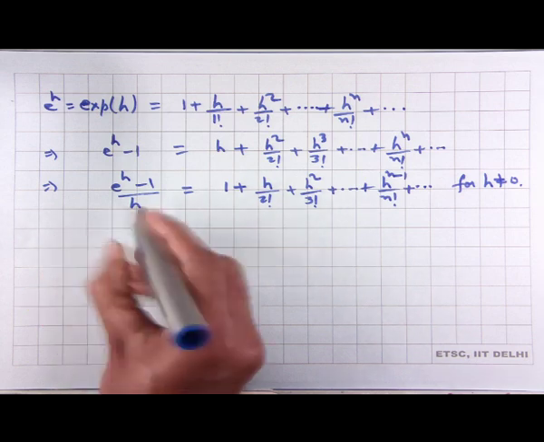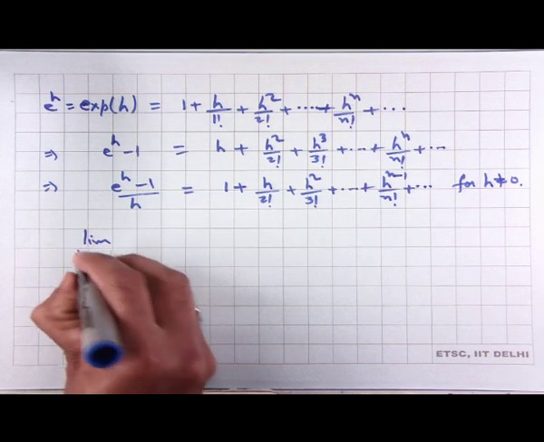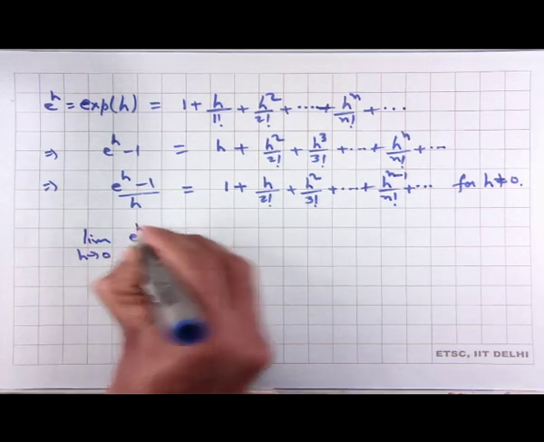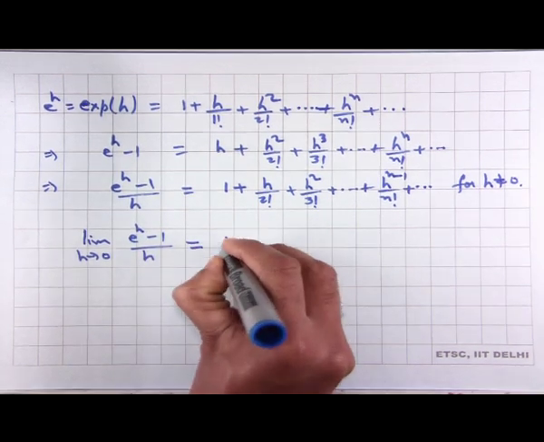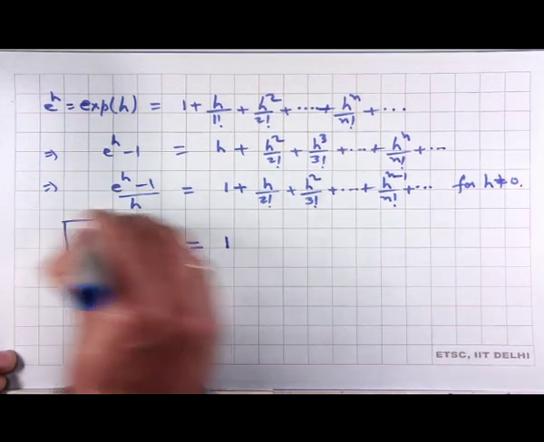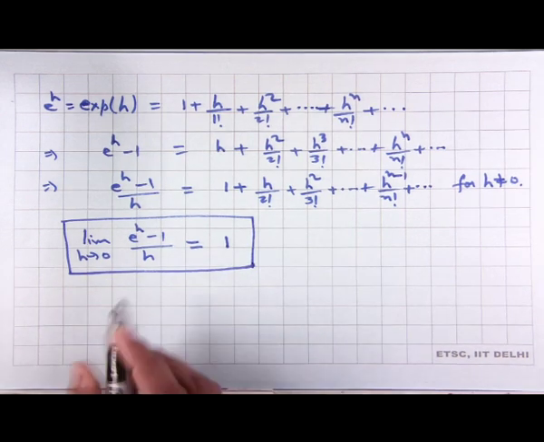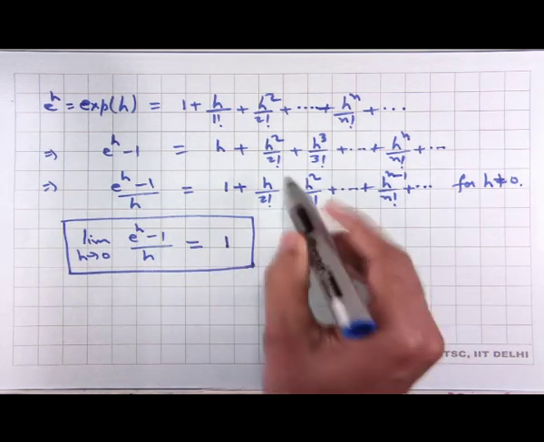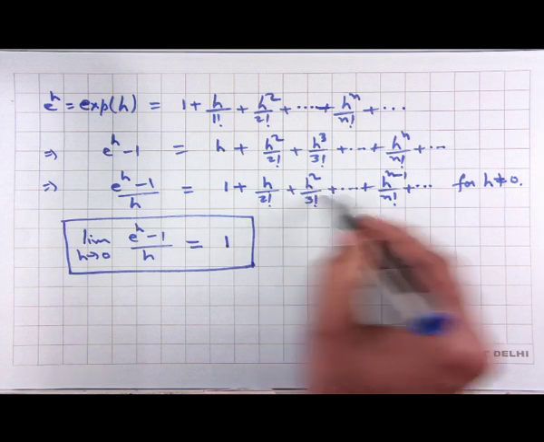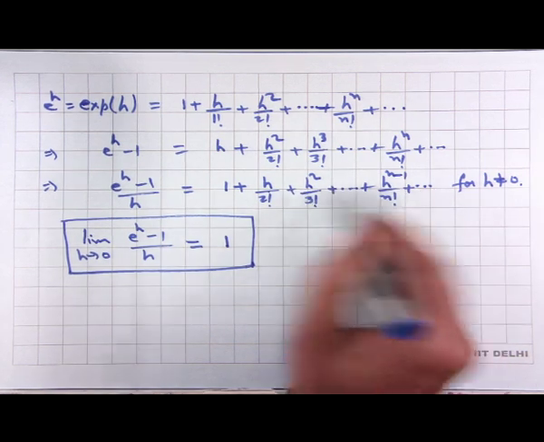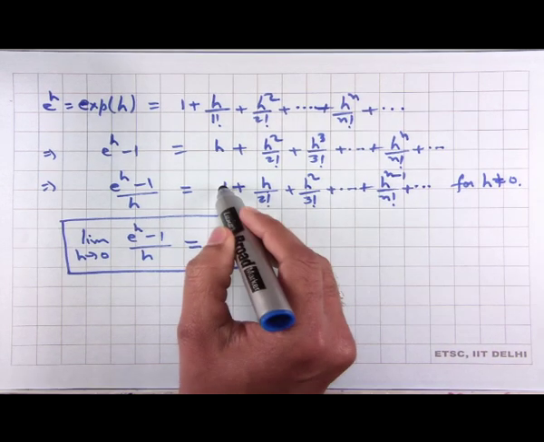And then it can be shown that the limit of (e to the h minus 1) over h is equal to 1. Formally, you can see that as h approaches 0, all these terms, h square by factorial 3 and so on, approach 0 and the first term is 1.